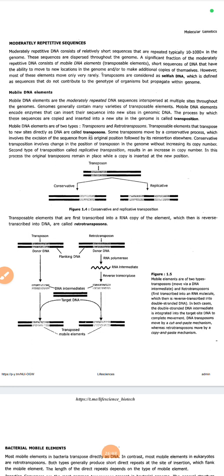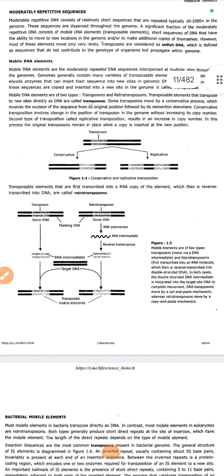Some move by a conservative process, which involves the excision of the sequence from the original position followed by reinsertion, like a cut and paste mechanism. The number of copies does not increase in this case, because it is a conservative process.